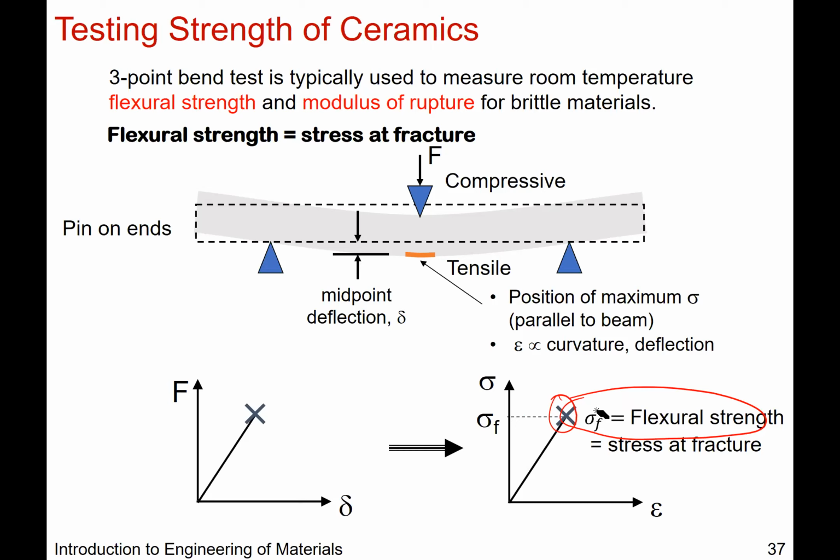That's why you don't see this type of curve for ceramics. Depending on if you have a rectangular geometry or cylindrical specimen, we can calculate the flexural strength, or the stress at fracture, to get a sense of its mechanical properties by just knowing the dimensions of the specimen itself.